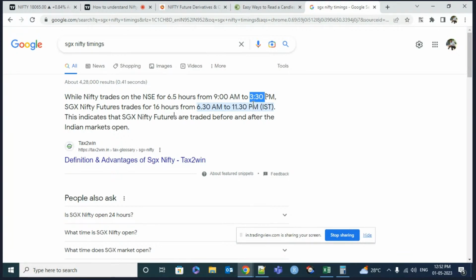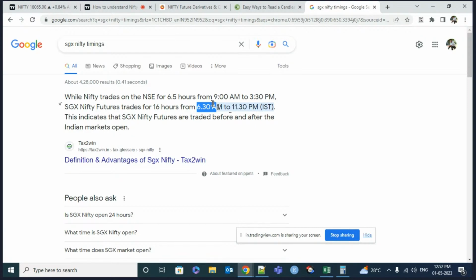I think from 4 o'clock the second session starts, and it extends till 5:30 p.m. And then again the Nifty in Singapore starts from 6:30 a.m. The portion in which the Nifty is being traded, from 4 to 11:30, and then from morning 6:30 to 9:15, it is adjusted from 9 to 9:15 and the pre-market.